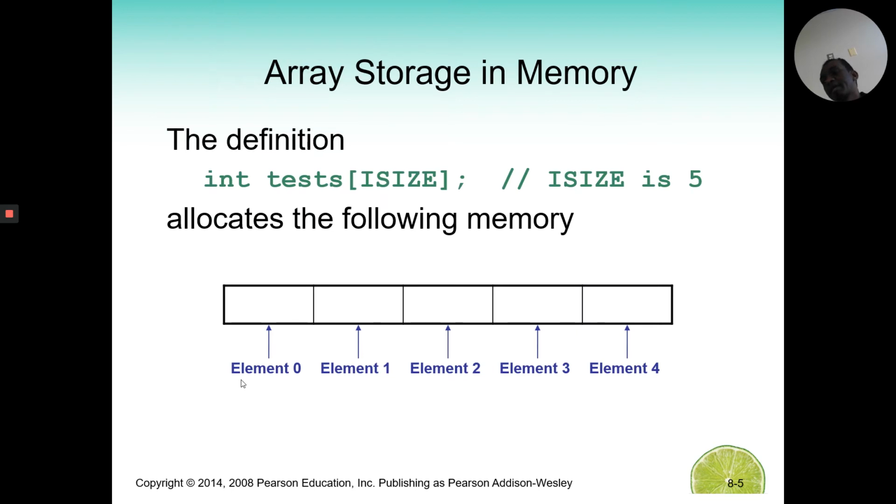So let's say we were trying to create an array that holds the number of days. If we're trying to hold 7 days a week, it would be size 7.